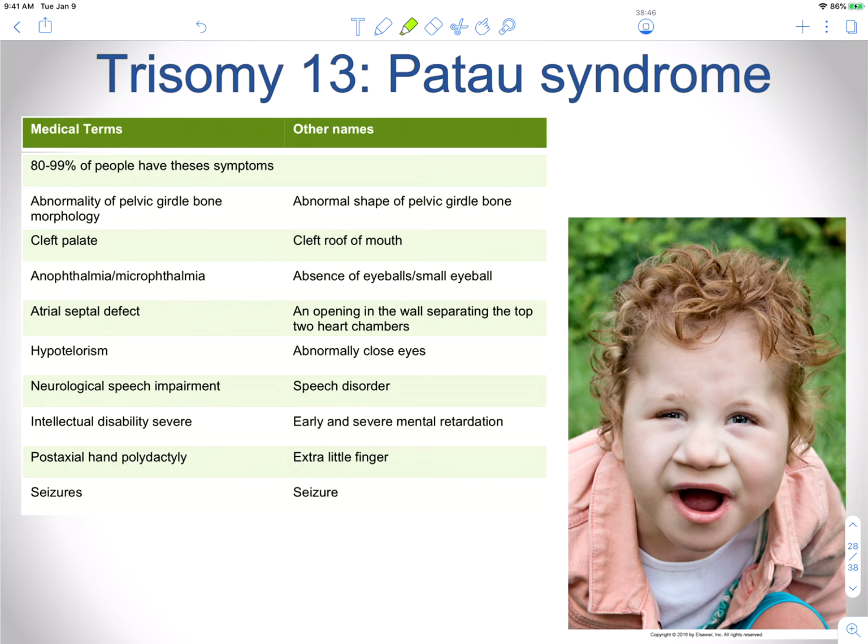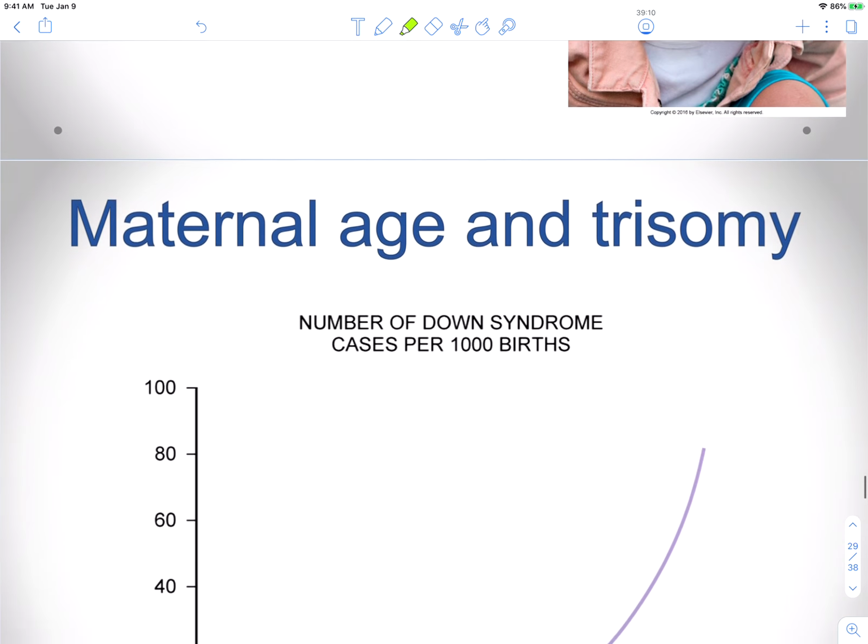Now, trisomy 13 is Patau syndrome, and Patau syndrome has, again, cleft palate and a lot of abnormalities. Abnormally closed eyes are associated with this, speech impairment, so again, developmental disorders, intellectual disabilities, etc. So a lot of things are associated with these.